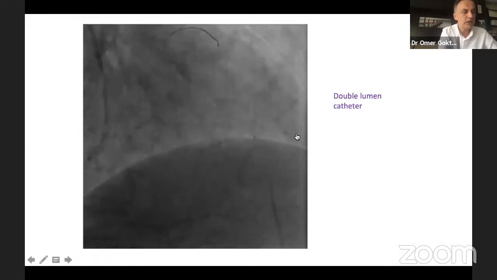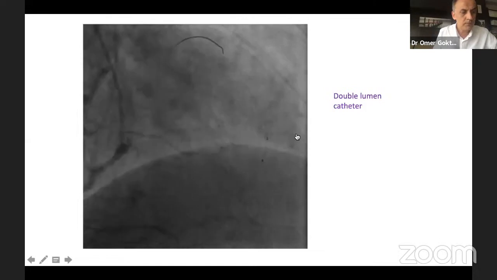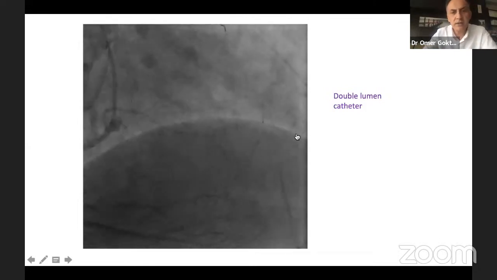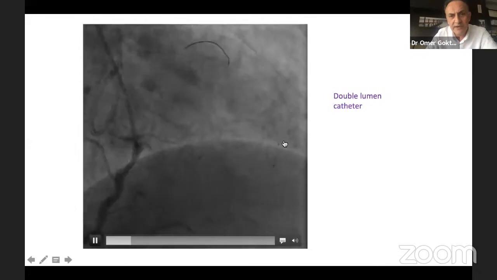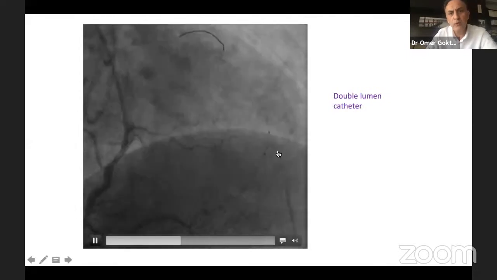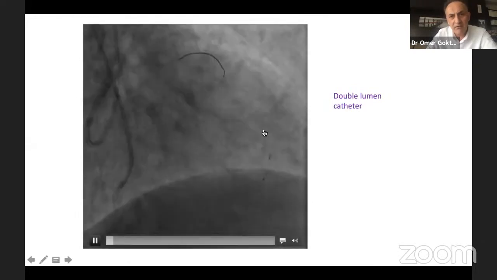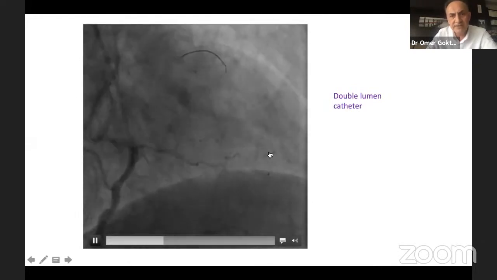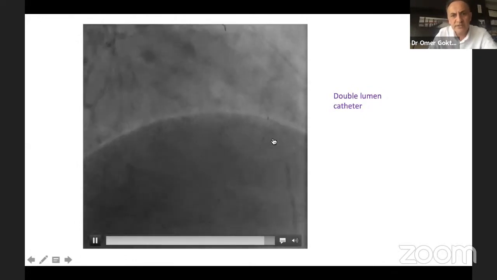So in here, what we did, Jakir Shan told us about the double lumen catheter. I think this is the perfect position to use a double lumen catheter. We inserted it over the RG wire. Now we have a lumen here with this double lumen catheter. Very easy to send a wire to the distal of the LAD.